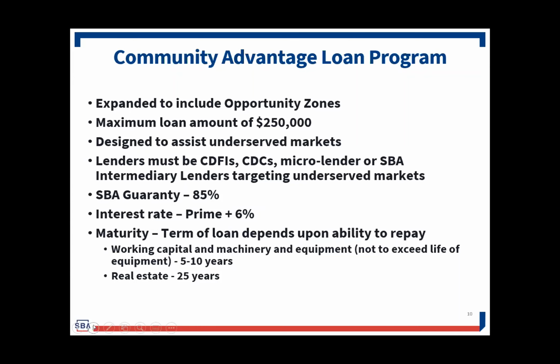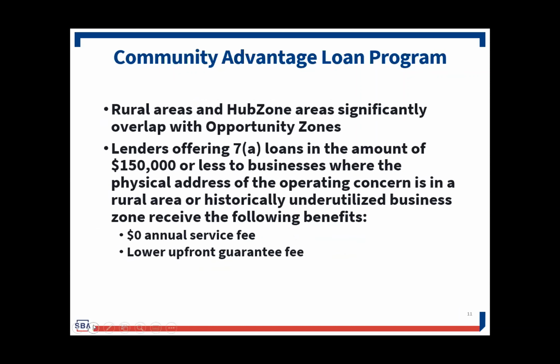And when we look at the maturity, of course, we're looking at your ability to repay the loan and what's going to be the best repayment plan for you. So with working capital and machinery and equipment loans, we can go up to 10 years. And for real estate, we can go up to 25 years on the maturity.